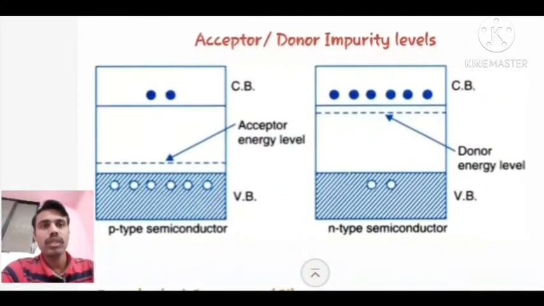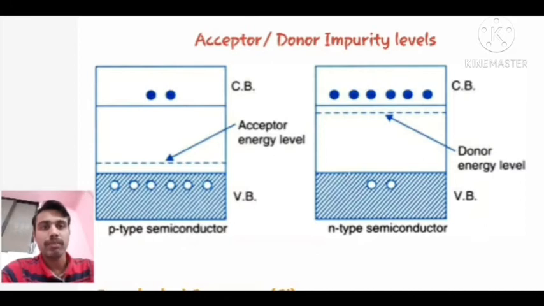So what is meant by acceptor impurity level and donor impurity level? We have already seen that p-type semiconductors are created by acceptor energy levels and n-type semiconductors are created when donor energy levels are created. The acceptor energy level is just above the valence band, while the donor energy level is just below the conduction band.